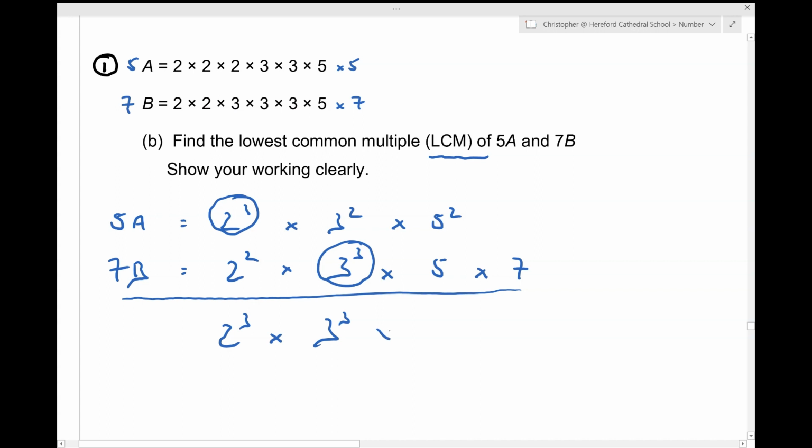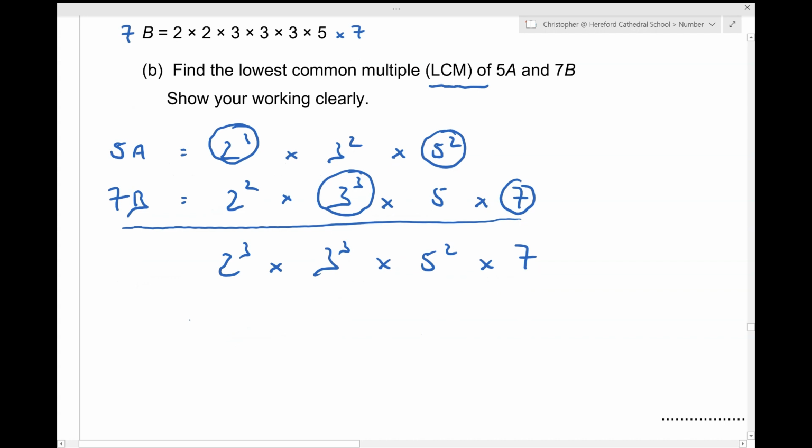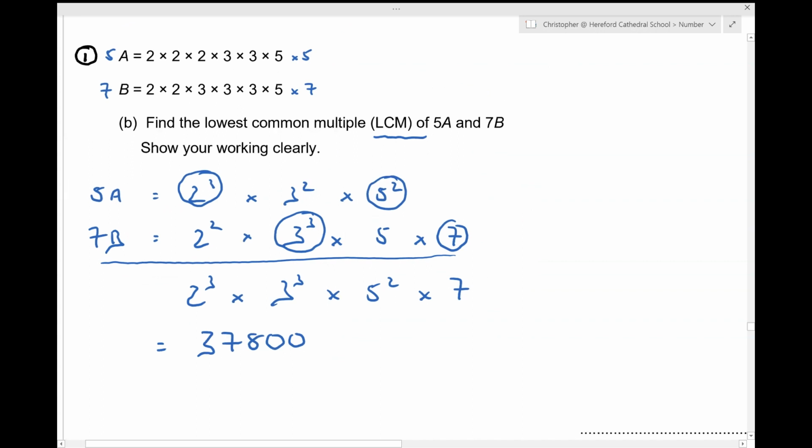So the lowest common multiple is going to be 2 cubed times 3 cubed times 5 squared times 7. And if you put that in your calculator, you get the answer 37,800. That is question 1.